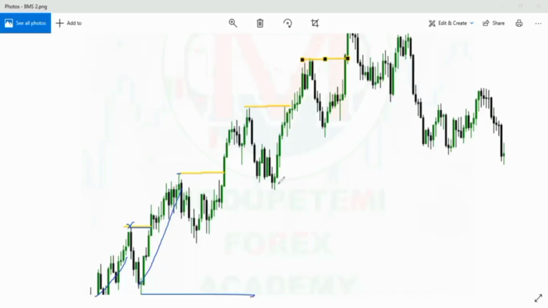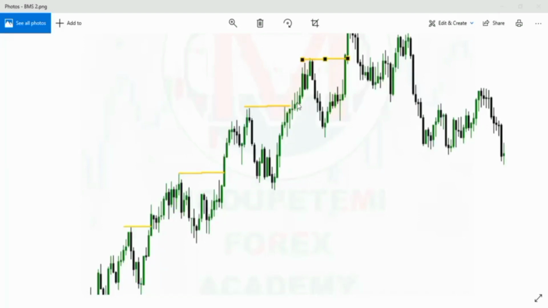So the same thing will happen here. This is the swing high. At every swing high, we always have it like this. So if you are in an uptrend, the market will actually be breaking the swing high, breaking the structure high. If you're in an uptrend, the market will break the structure high.